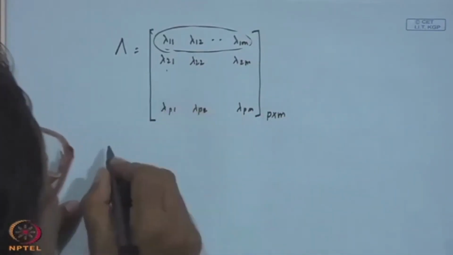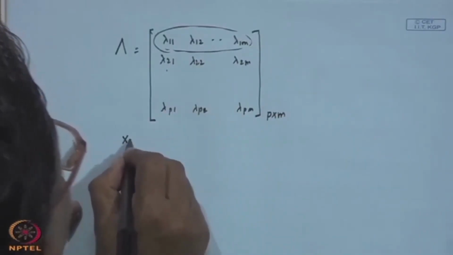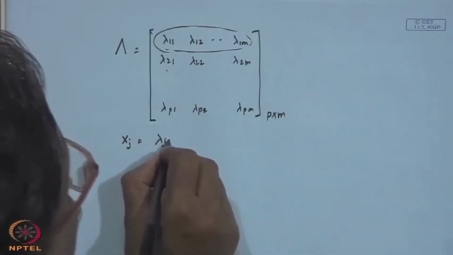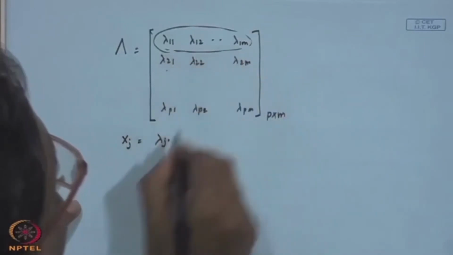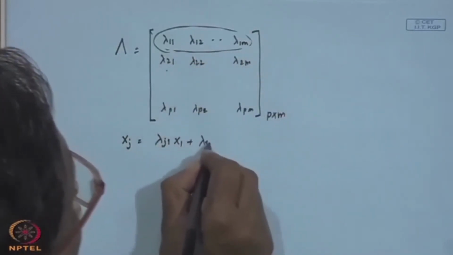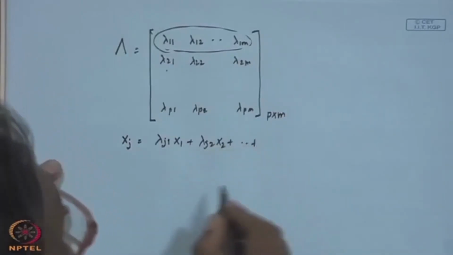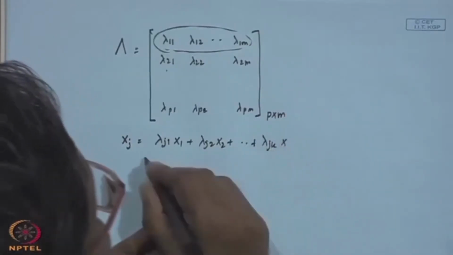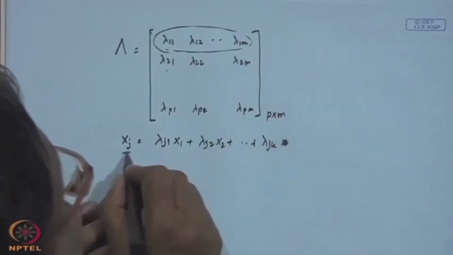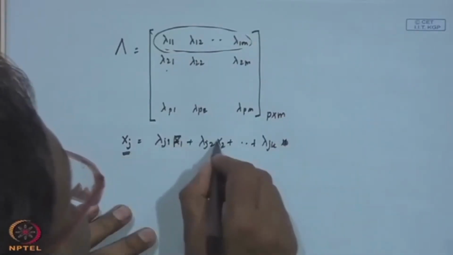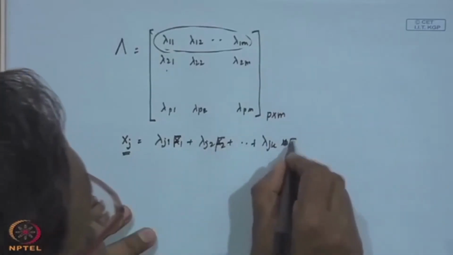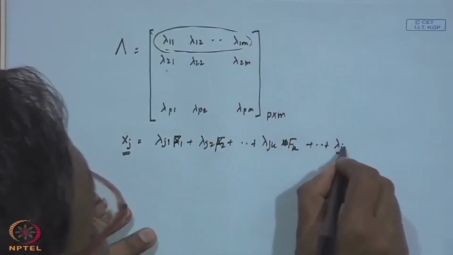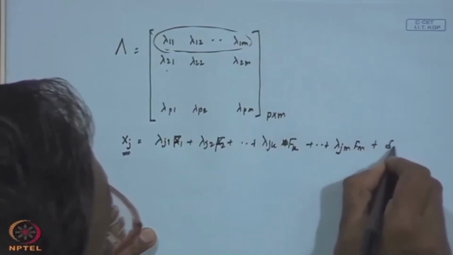If you take a general formula like xj, what we have written: lambda j1 f1, lambda j2 f2, lambda jk fk, similarly lambda jm fm plus delta j.